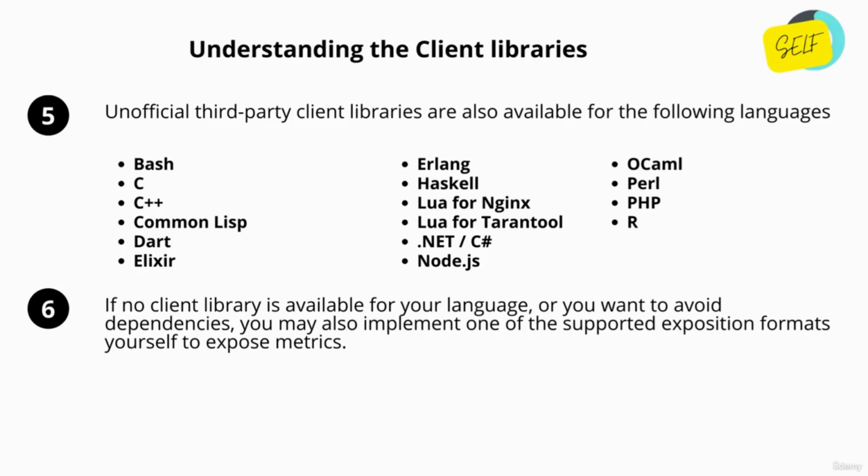Now the next thing is, if no client library is available, let's say you are using a language for which no client library is available, you can implement one of the supported exposition formats yourself to expose metrics. So you can create your own client library and expose the metrics you need. Sometimes developers also do this to avoid the dependency on the pre-compiled libraries which are already available.